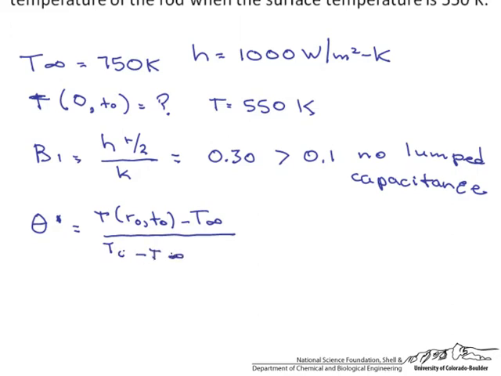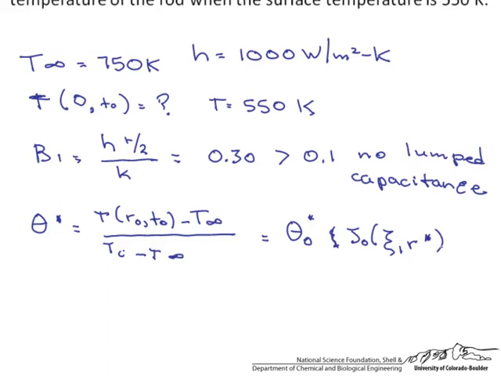And that's the original description of what theta star is. But we were able to solve that using our exact or our approximate solution so that it's equal to theta sub 0 star, the Bessel function of our eigenvalue times r star.